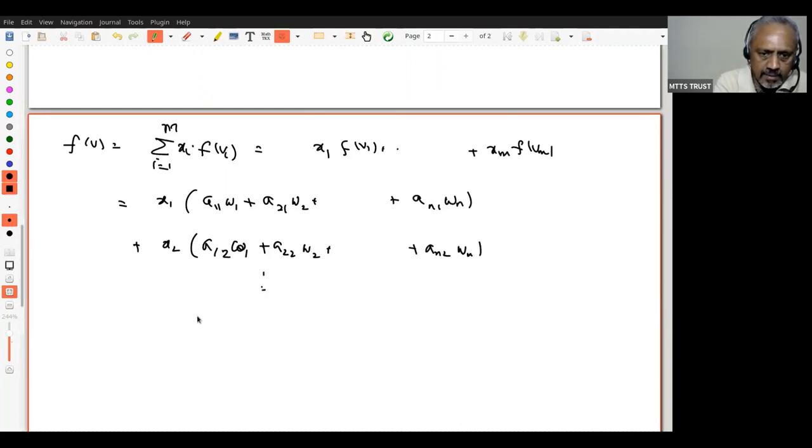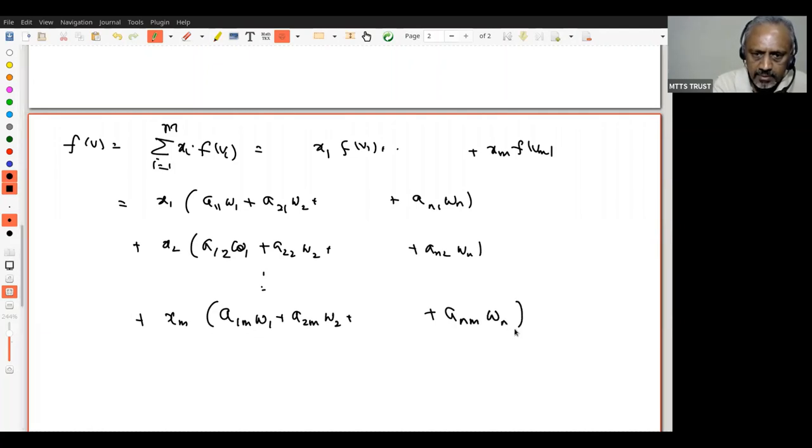And dot dot dot, the last thing will be xm into a1m w1 plus a2m w2 plus anm wn. Are you sure you follow this? I'm just writing this. Right.